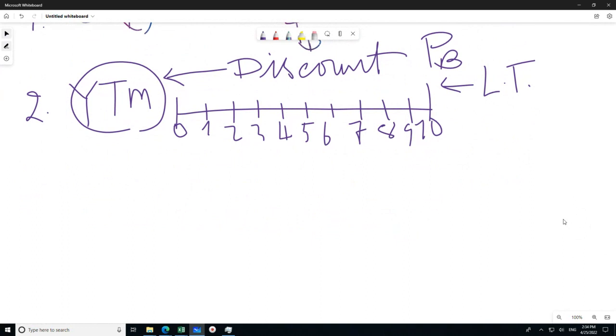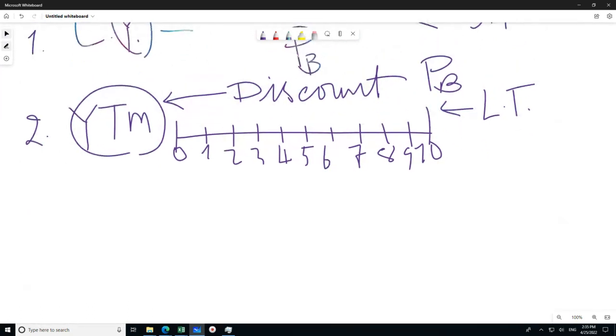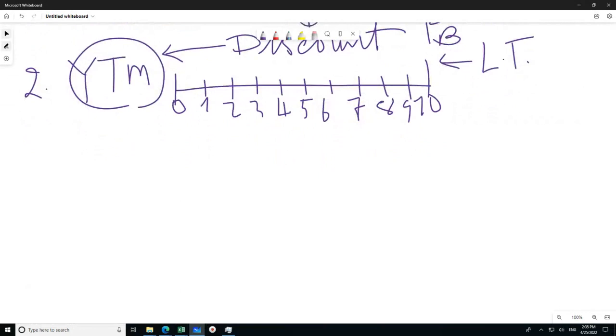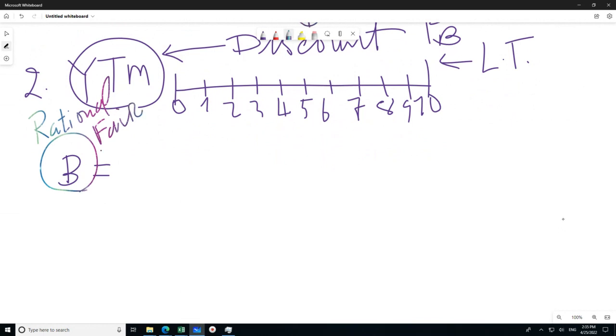You all know the bond valuation formula. It's nothing new. The price of the bond, and again, I've been telling you this price is not market price, but this is the rational price or fair value or intrinsic value.